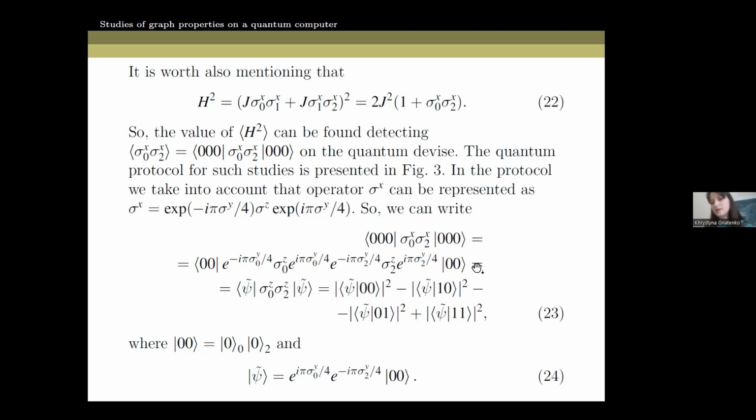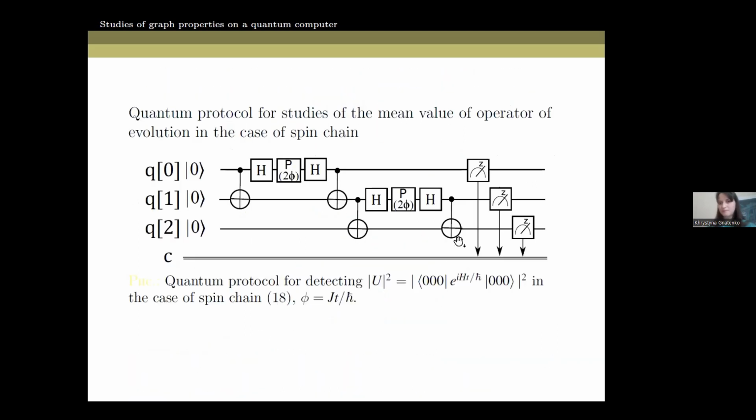So the mean value of these operators can be easily determined on the basis of the results of quantum measurement, which we do in a quantum device, because we measure here projection on the basis states 0 or 1. These states are eigenstates of the sigma z operator.